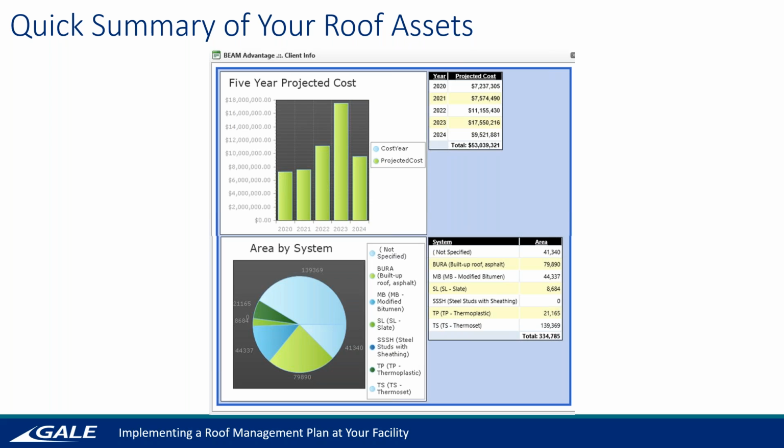You see what's the square footage of your assets per type of roofing system. And the square foot areas have been located on here. The built-up roof having 79,000 square feet, almost 80,000 square feet of built-up. Slate roofing, almost 9,000 square feet of slate roofing. So all of that information is at your fingertips to see where your assets are and the projected cost for replacing those assets.